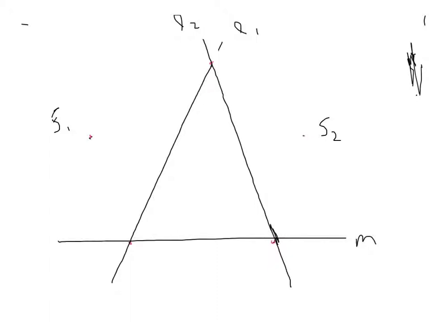My first line can go from here. Now where this point crosses line M, which I'll circle in blue, I connect that to point S2.